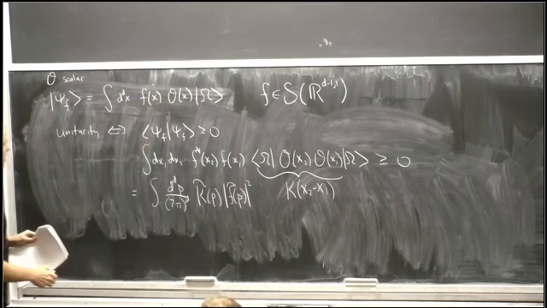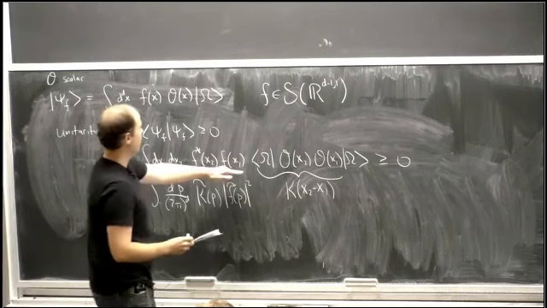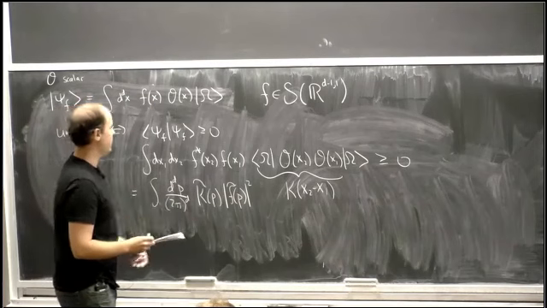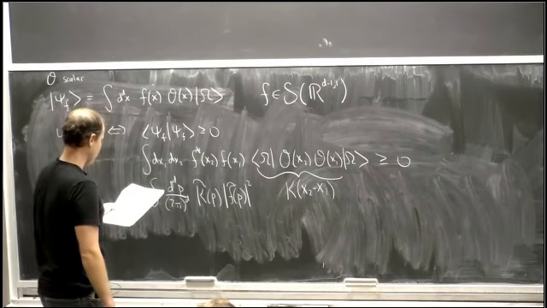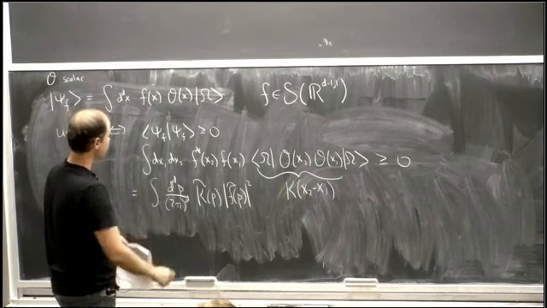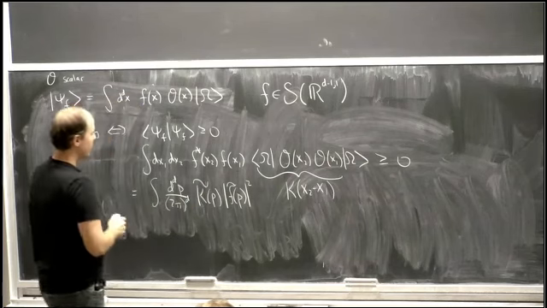Here f tilde of p is the Fourier transform of f of x. k tilde of p is the Fourier transform of k, which I'll write in a second. So we've diagonalized the kernel.